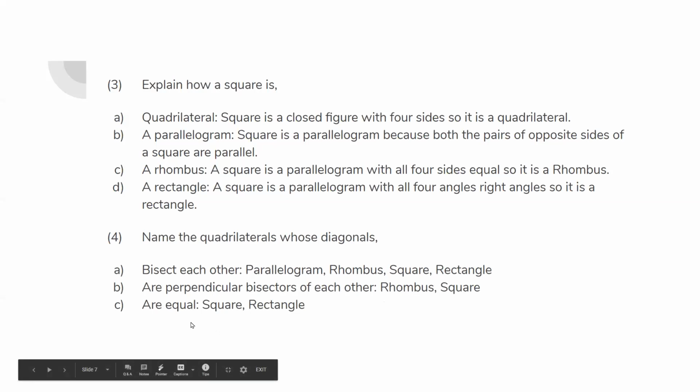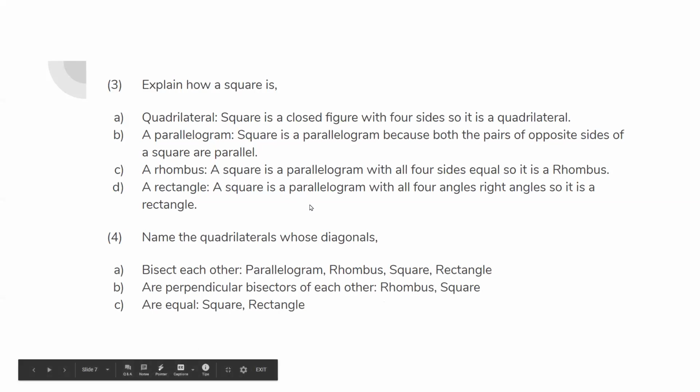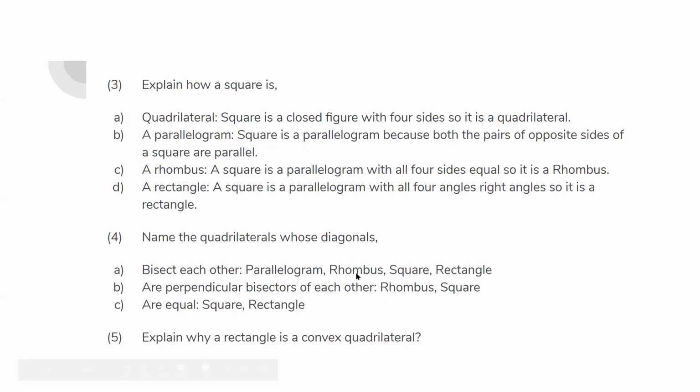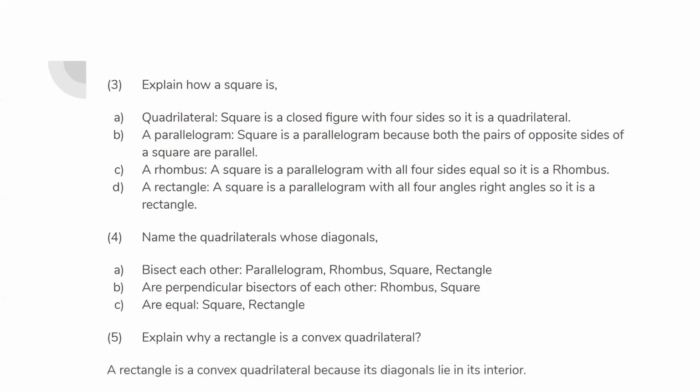Now diagonals are equal. In a square and a rectangle, diagonals are equal. Question number 5. Explain why a rectangle is a convex quadrilateral. A rectangle is a convex quadrilateral because both its diagonals lie in its interior.